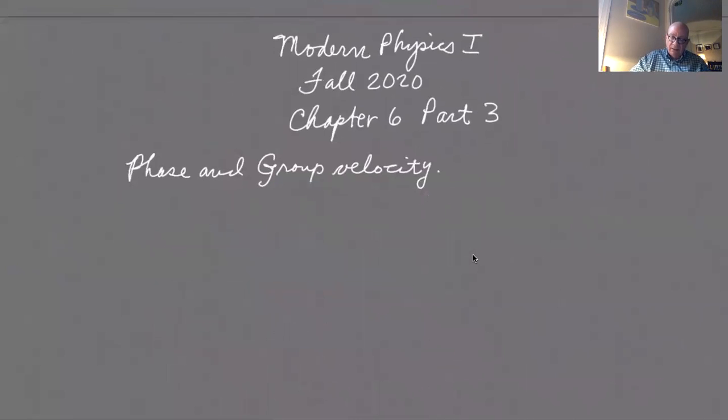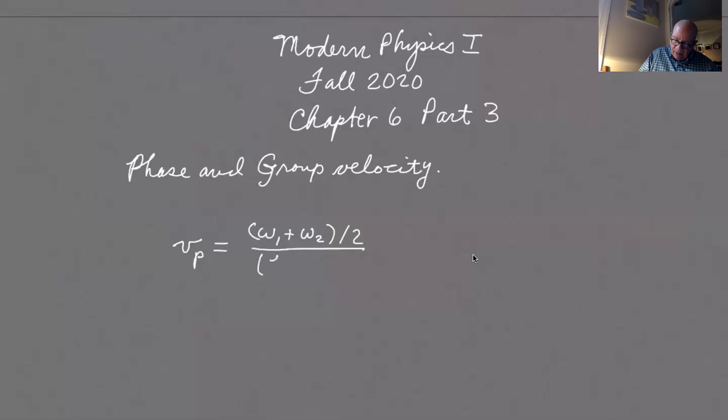Okay, so what I didn't mention at the time, however, was the phase velocity. The phase velocity is the high frequency component, and so if one were to look at that, one would determine that would be omega 1 plus omega 2 over 2 divided by k1 plus k2 over 2.